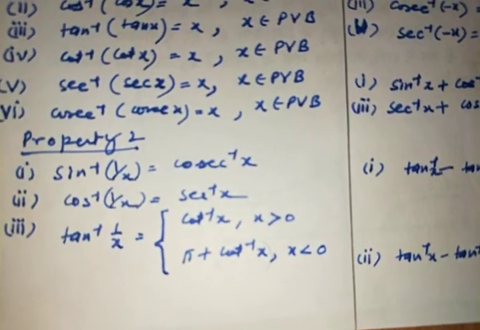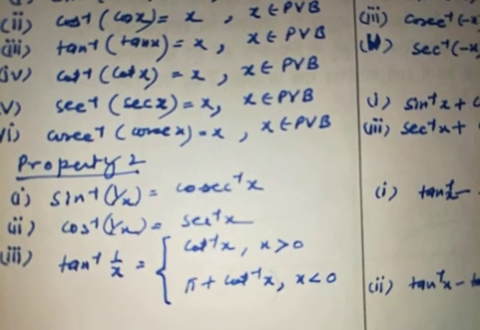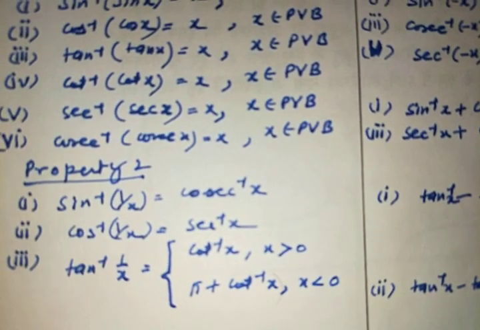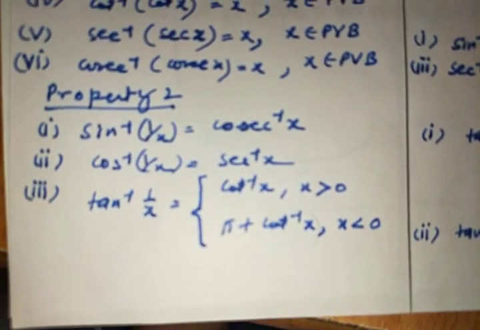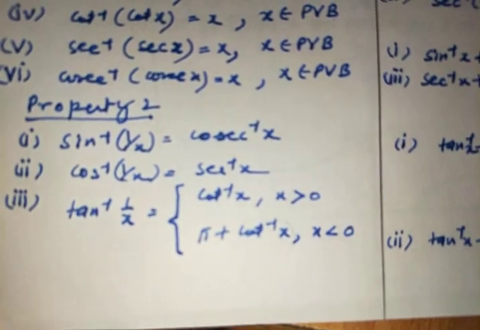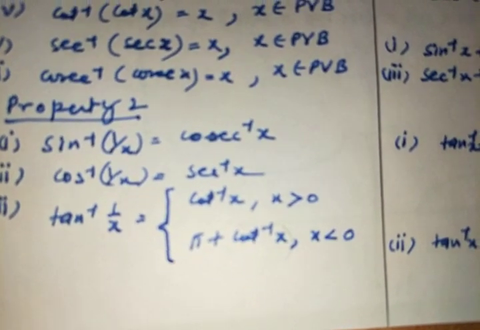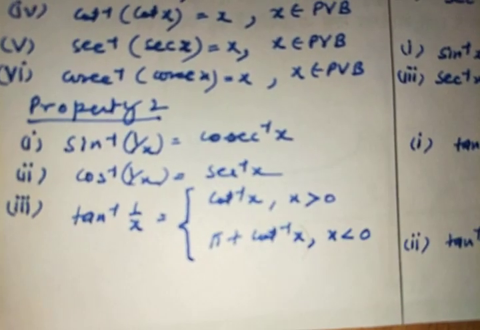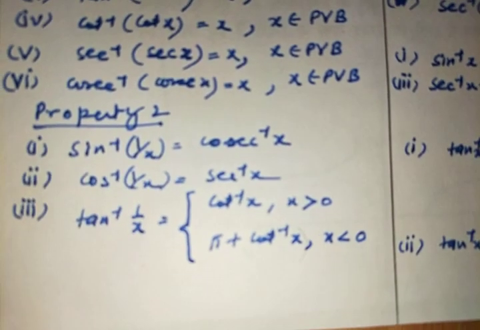Now in property 2, sin inverse 1 upon x is equal to cosec inverse x. Cos inverse 1 upon x is equal to sec inverse x. Now here have a look at tan inverse 1 upon x. It will be cot inverse x if x is greater than 0. If x is less than 0, then we shall have pi plus cot inverse x.